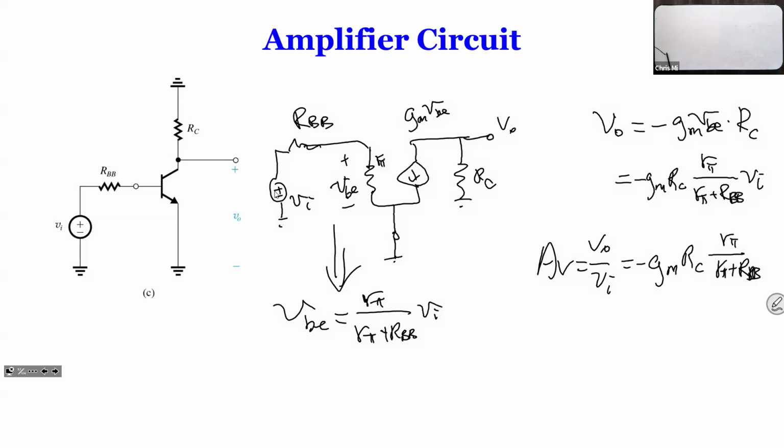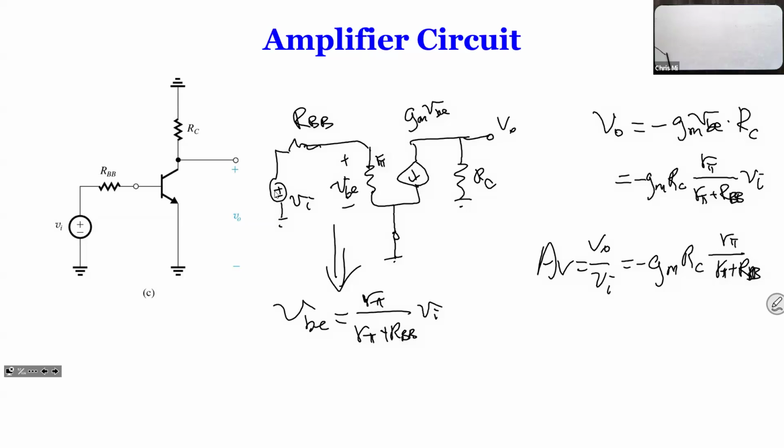So you guys can see what happens with the gain in comparison to the one where we connected the AC directly to the base. Because of the voltage divider over here, the gain has just reduced this much. So at this point, I want to give you guys another concept.